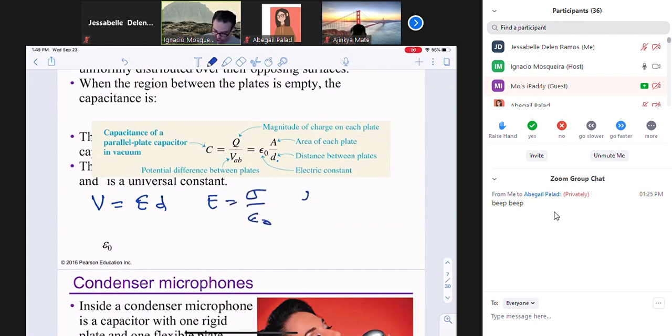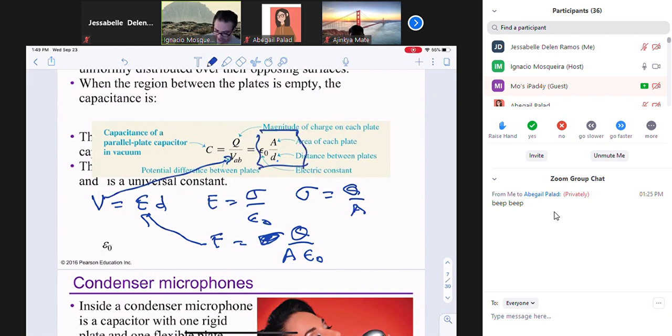We also know that sigma equals Q over A, A being the surface area of the plate. Therefore, we could write the electric field as Q over A epsilon naught. Then I can stick the E in there, and then I can stick the voltage in there, and then I get this. That's the answer.